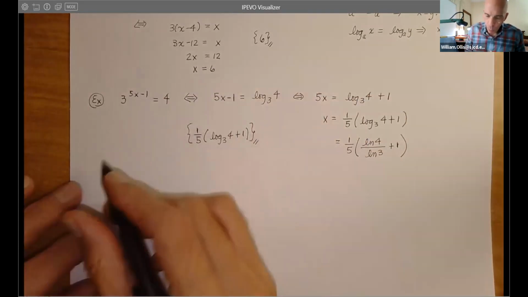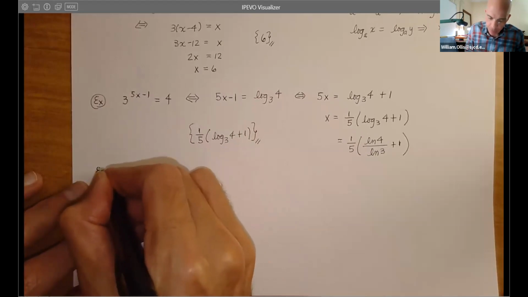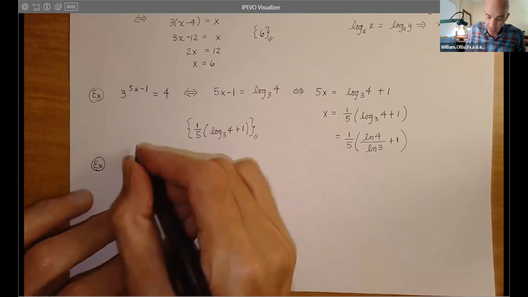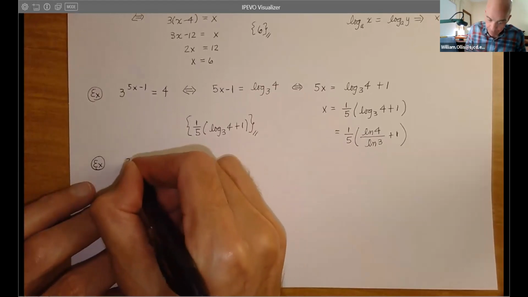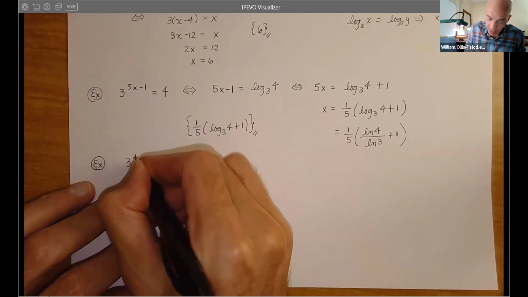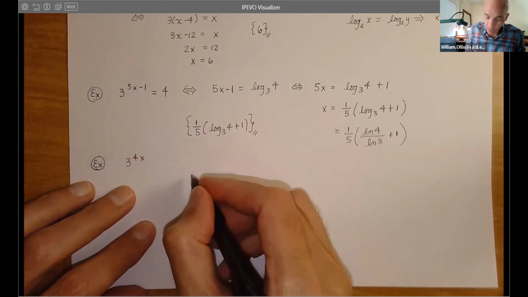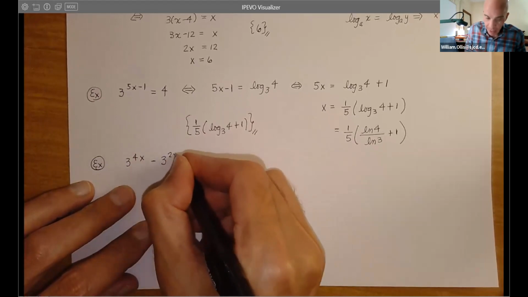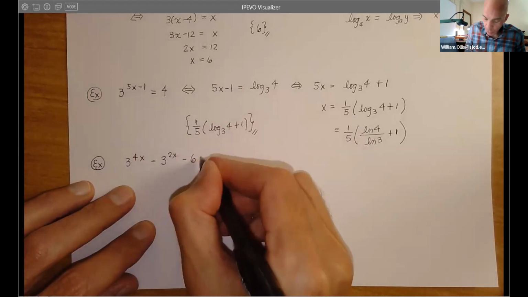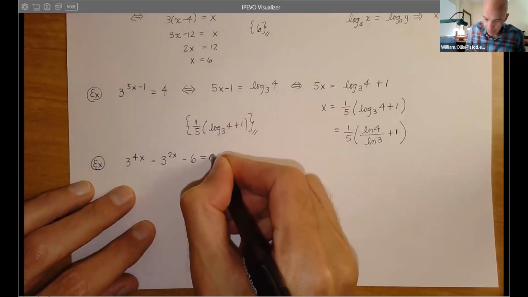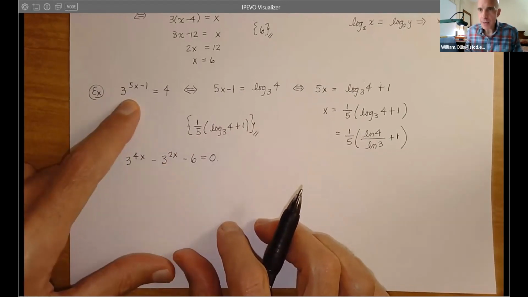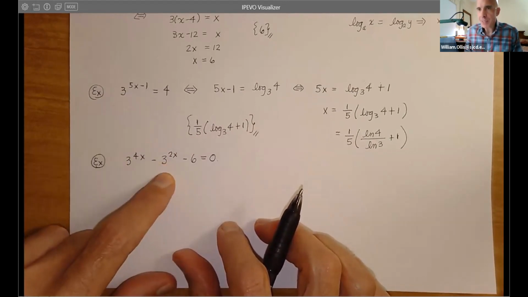Now, one example that comes up often, and it's going to be a prelude to the last problem we do today, is a form that we learned back in college algebra. We have 3 to the 4x minus 3 to the 2x minus 6 equals 0. When you look at something like this, we've got a lot of exponential terms and we really can't combine them.